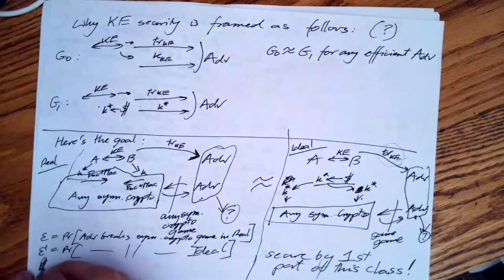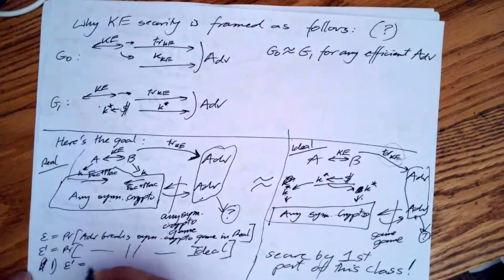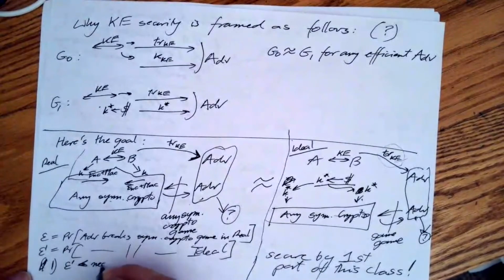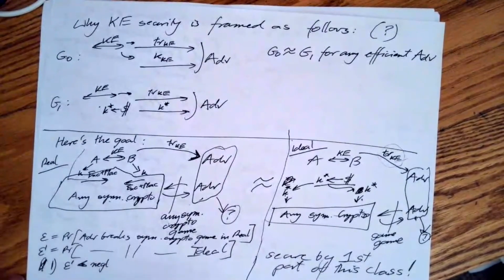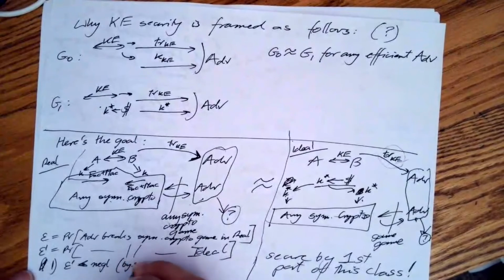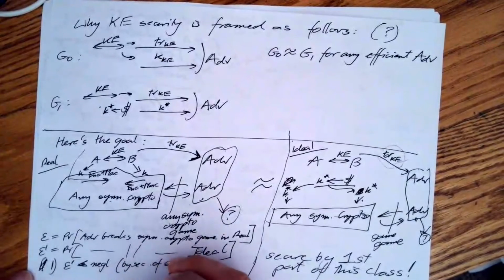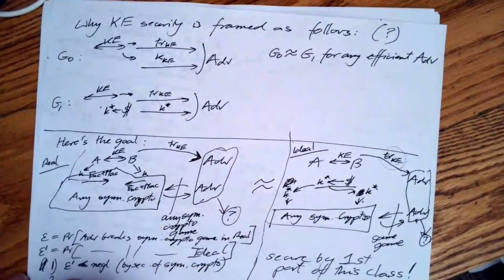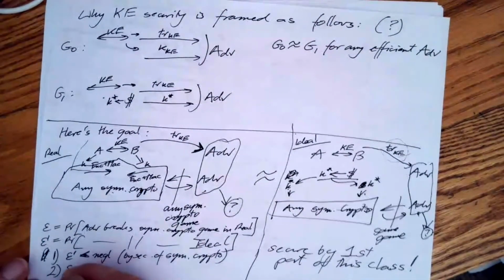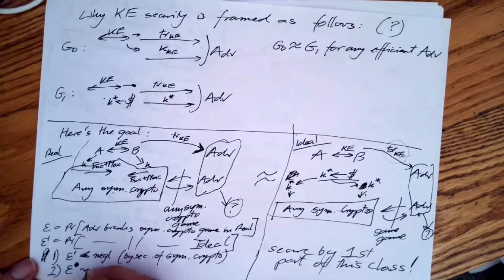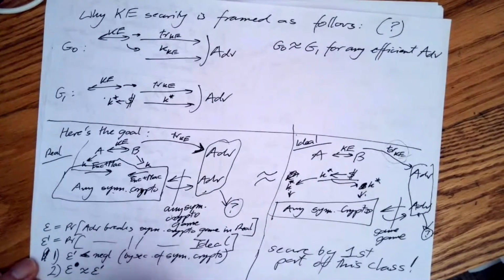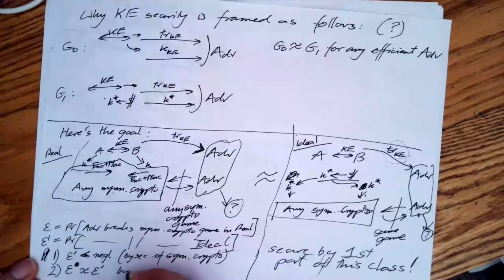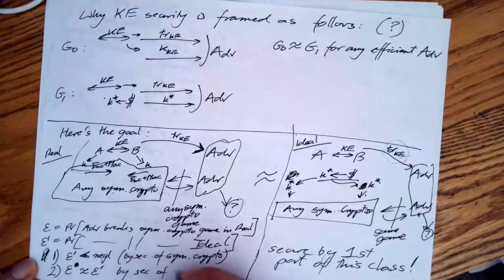Now, fact one: epsilon prime is negligible, by security of symmetric crypto. And two: epsilon, the real epsilon, is negligibly close to epsilon prime by security of the key exchange.